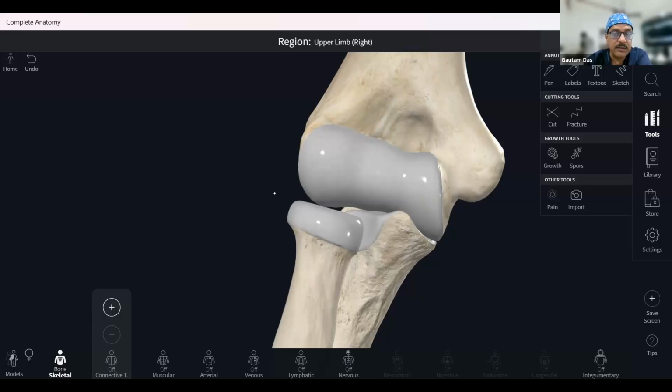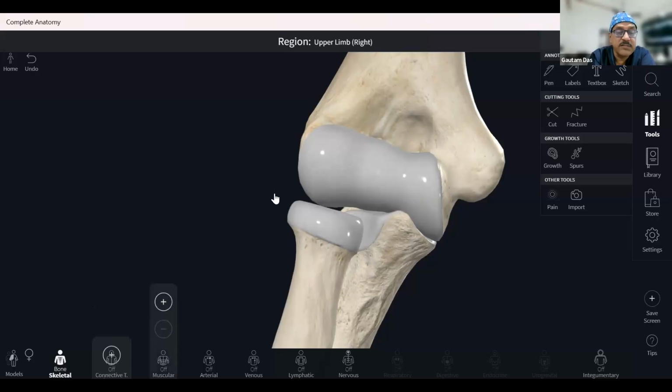The medial has 3 bands: anterior, posterior, and transverse, which together are the ulnar collateral ligament. The lateral ulnar collateral ligament is a part of the lateral ligamental complex. And medially there are 3 bands forming a triangle between the 3 bony prominences.